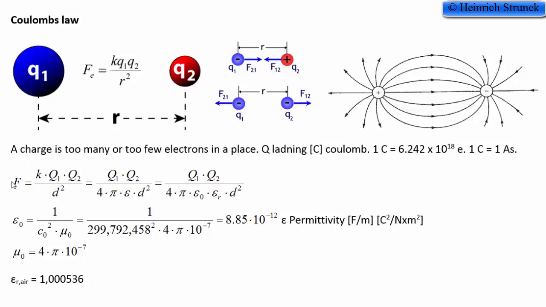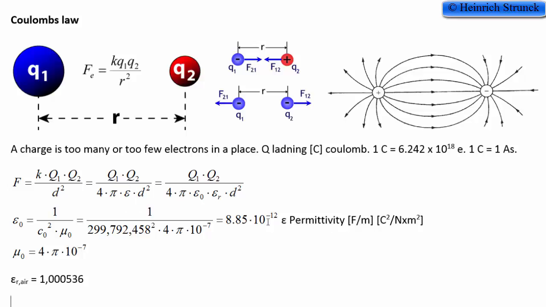So back again to Coulomb's law. We have that the force is a constant multiplied by the two charges divided by the distance squared. The constant is 1 divided by 4 times pi times epsilon. That's a Greek letter, and epsilon is the permittivity for a given situation.